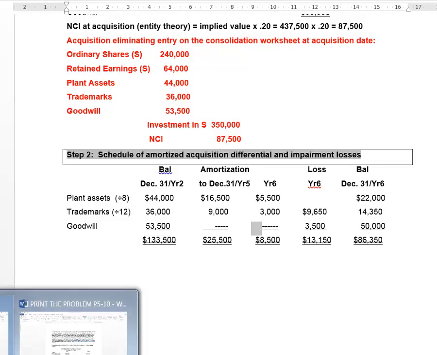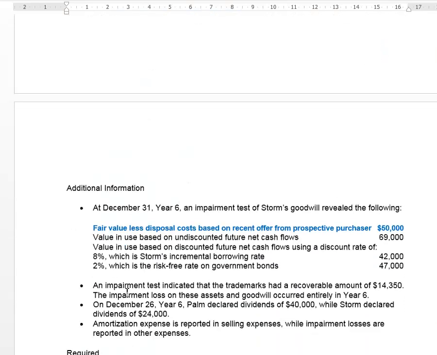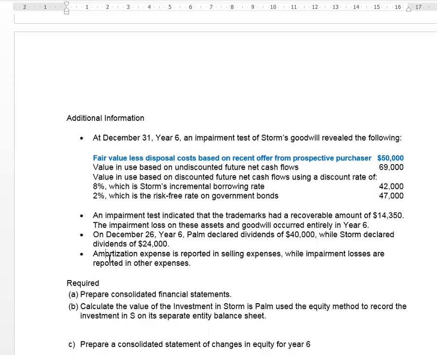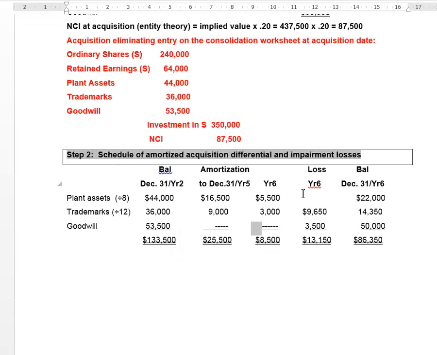We know that from our question because it says, if we go down here, that amortization expense is reported in selling expense, while any of the impairment losses are going to be in other expenses. So I just opted to separate them out here in the table, so I know exactly how much is going to one expense account in the consolidated income statement for year 6 and how much is going to a different expense account in the consolidated income statement for year 6.